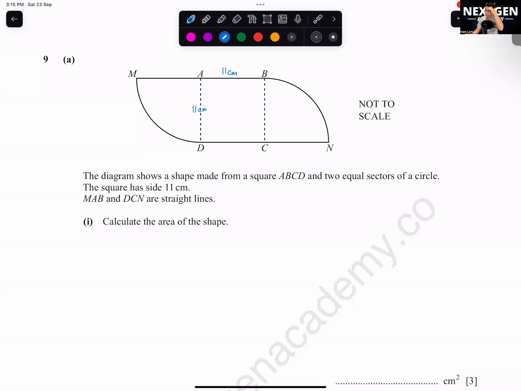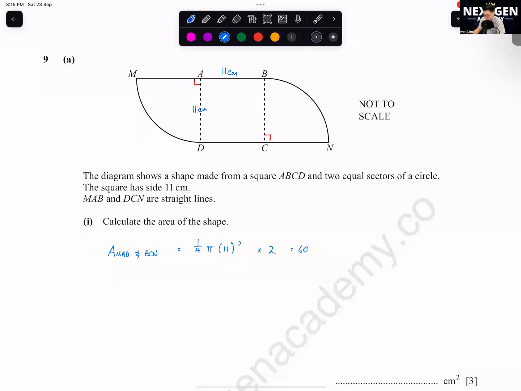Okay, how to find the area of this shape? This is a sector, and you see here, this is 90 degrees. So it is 1/4 of a circle. So for the area of MAD and BCN, the sectors, we will take 1/4 pi r squared. Pi 11 squared, then you got 2 of it, so you multiply by 2.